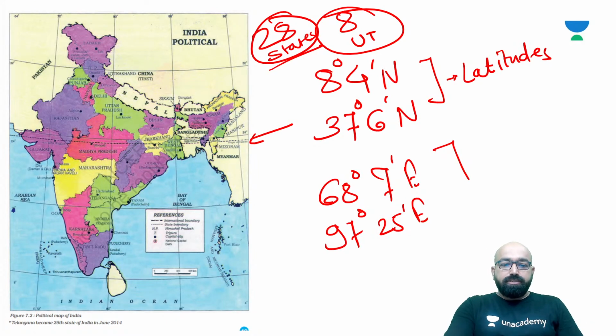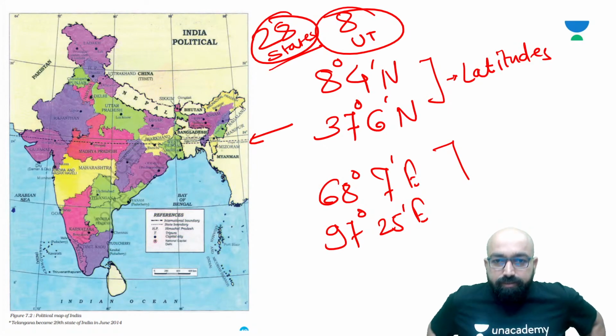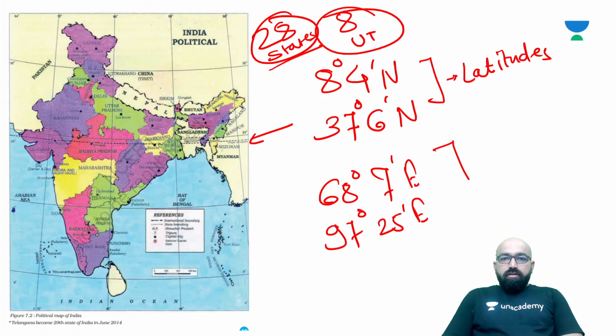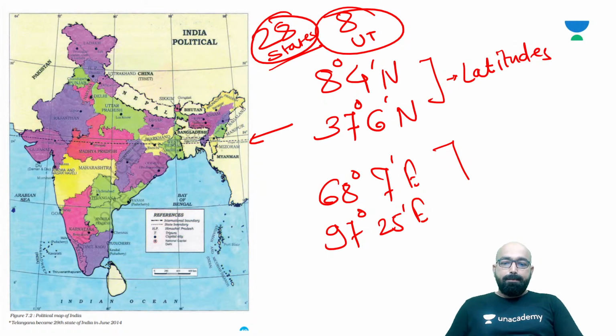Now, moving to the next part, that is the political and administrative divisions. So India is a vast country.